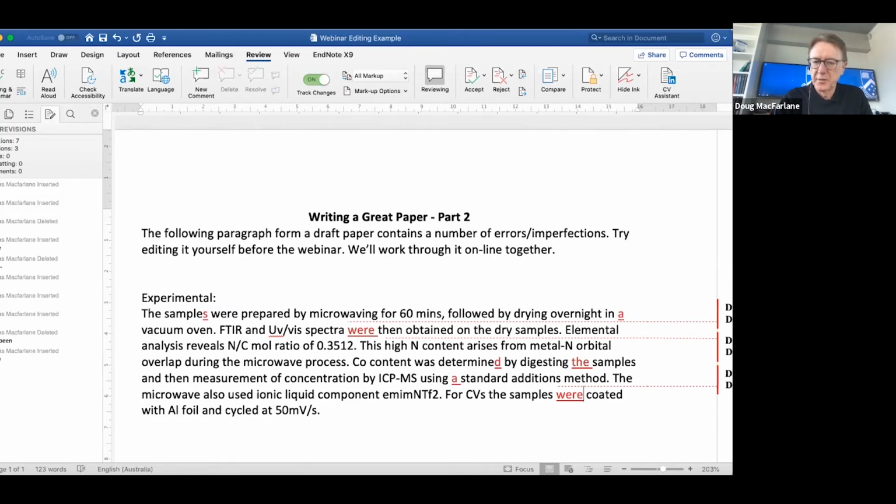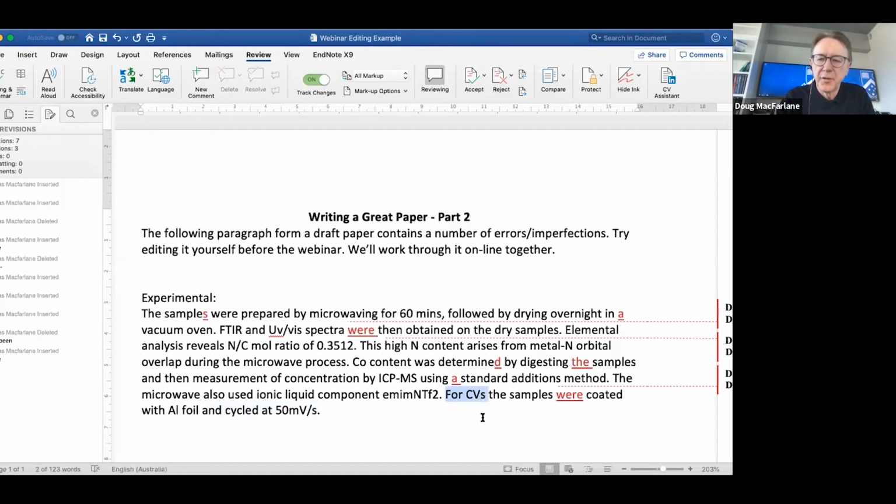because I think that that's ambiguous. As it was written before I changed it, it seemed that this bit was part of the preparation of the samples, as was the coating, in preparation for the CV. So let's look at that again.